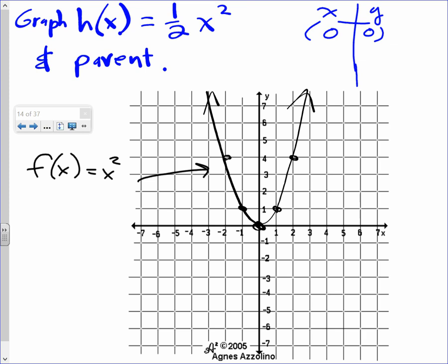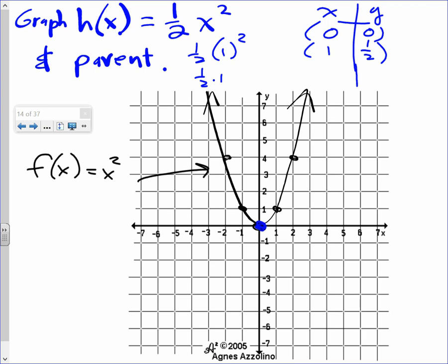Let me plot that point. If x is 1, let's see, it'll be 1/2 times 1 to the second power. That's going to be 1/2 times 1. Anything times 1 is itself. It'll just be 1/2, right? So if x is 1, y is going to be 1/2.